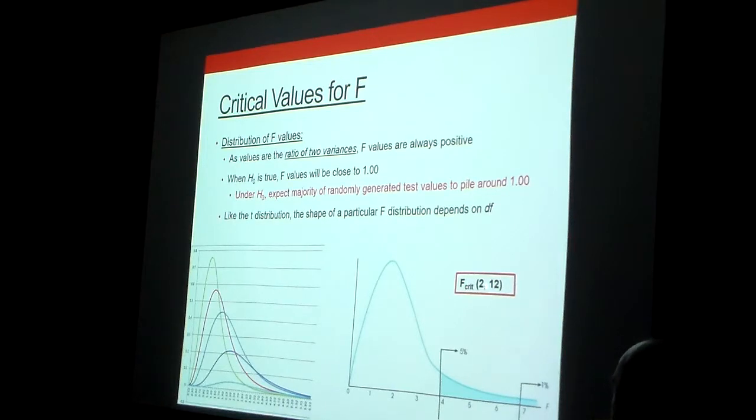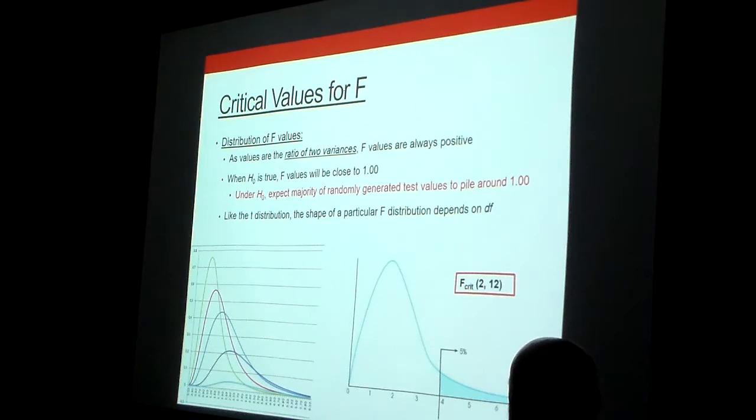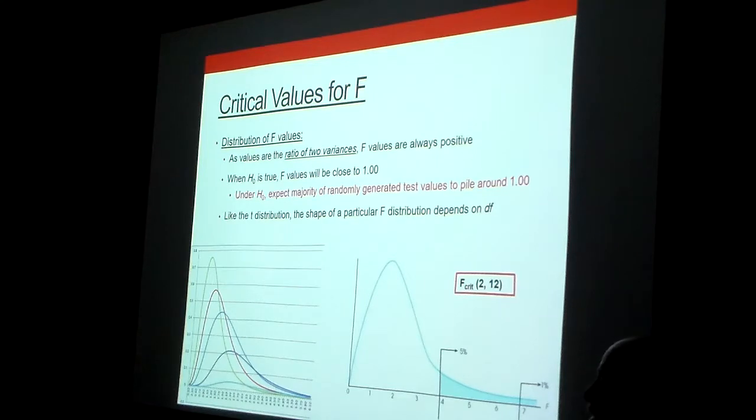This is going to give you your critical F. We'll take a look here. For an F critical value with 2 and 12 degrees of freedom, alpha 0.05 is 3.88, alpha 0.01 is 6.93. So where is our test statistic at?